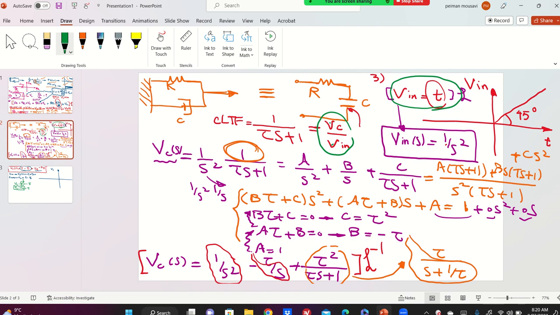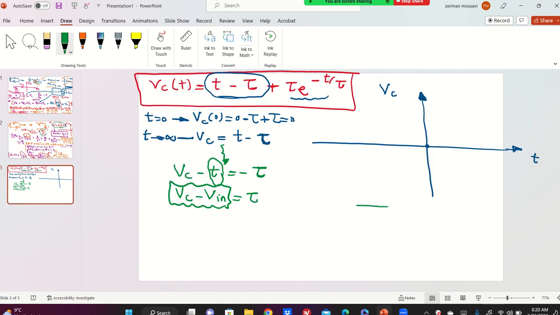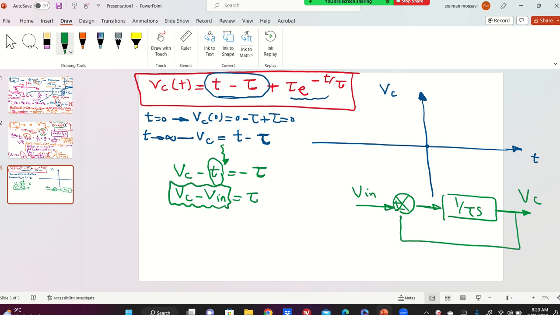Output over input. What's the name of that in the block diagram? Look at here, guys. V in, plus minus, goes to 1 over tau s, the transfer function, giving Vc. V in minus Vc, this is tau.